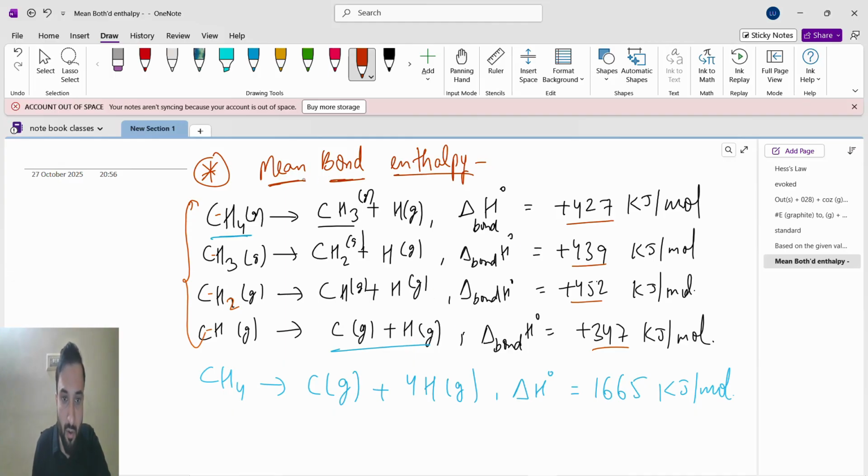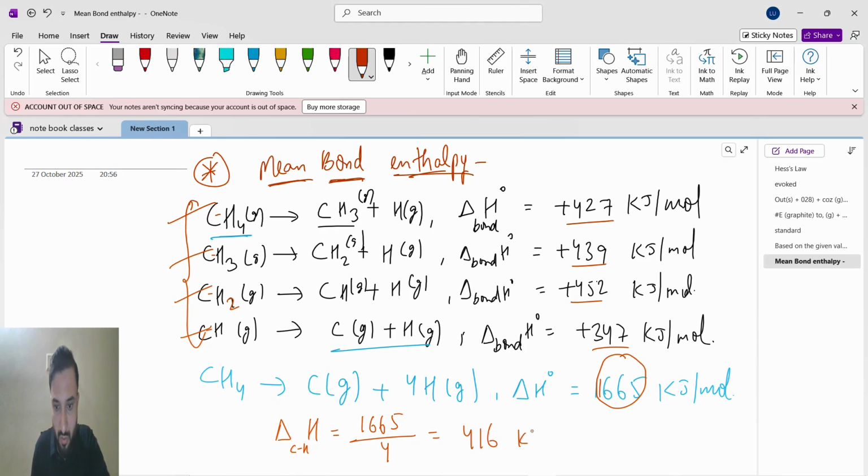So that's what we call mean bond enthalpy. We will find the mean enthalpy for this carbon hydrogen bond. This total, 1665, divided by how many steps? 1, 2, 3, 4 steps. So you will get something like 406 kilojoule per mole.